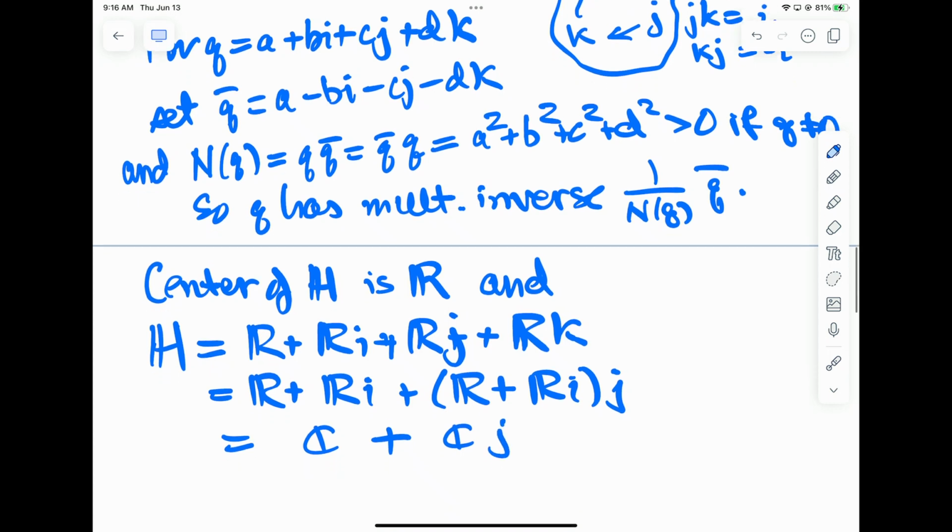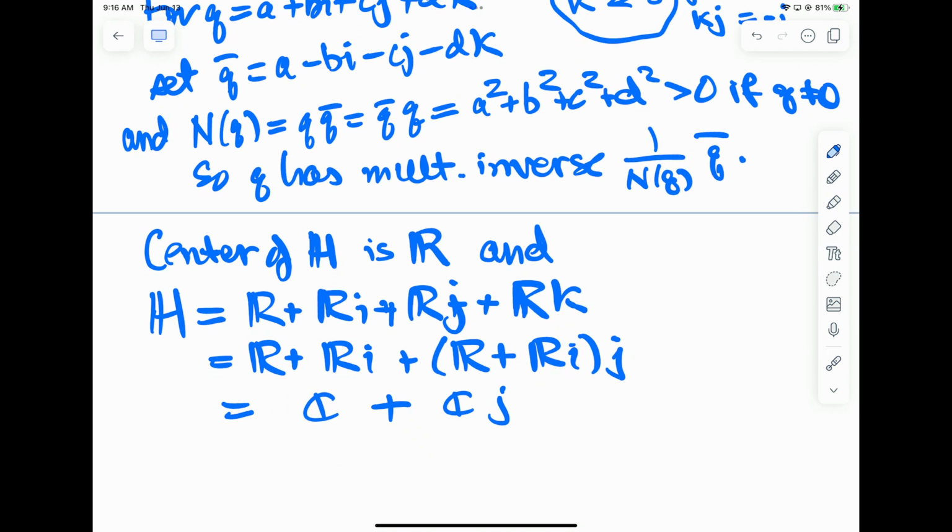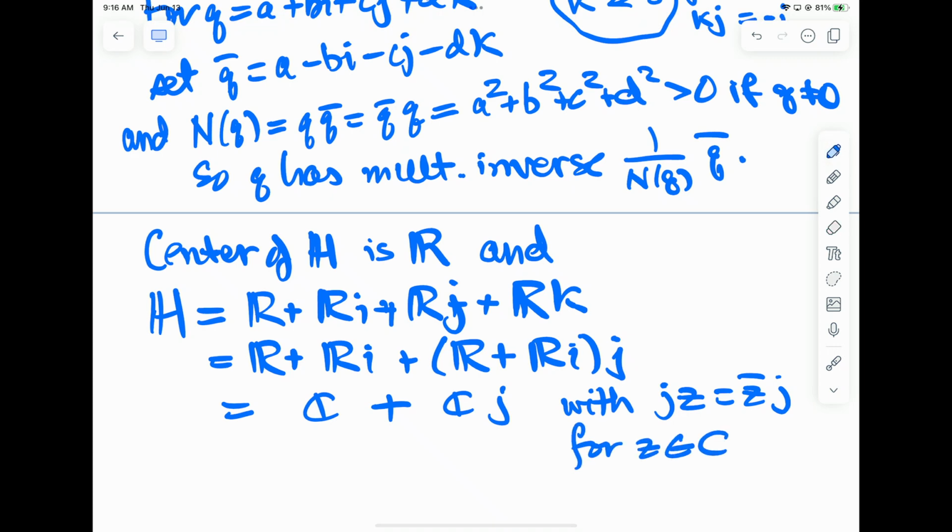So you could think of H as a left complex vector space with the rule that if you find a complex number on the other side of j, you can put it on the left side by conjugating. So you can check that. You just write z as a plus bi, and you just verify this is true. So you can simplify the appearance of H and collapse it down to make it look two-dimensional over C.